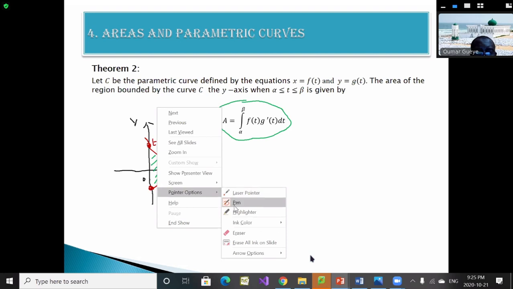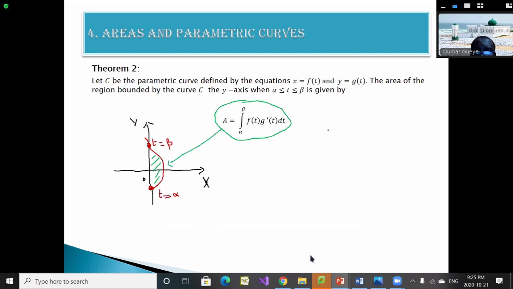So for this situation here, let's say we have the same thing, but this point coincides with the value of t equal to alpha. And so we have here t equal to beta.